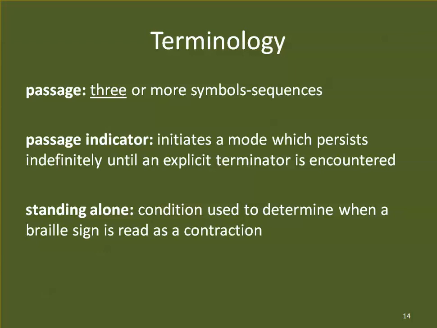But in UEB, it's 3 or more, and so that's something we're going to have to watch out for. If it's 3 symbol sequences, it's considered a passage. A passage indicator starts that passage and continues indefinitely until we actually say this passage has ended. So we will see that with italics, capitalization, things like that.